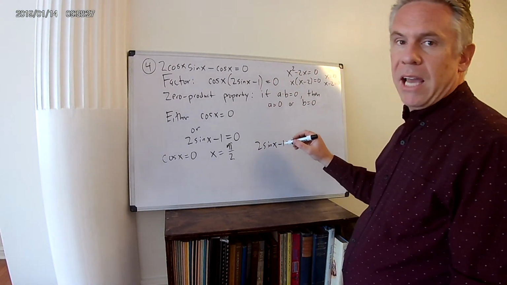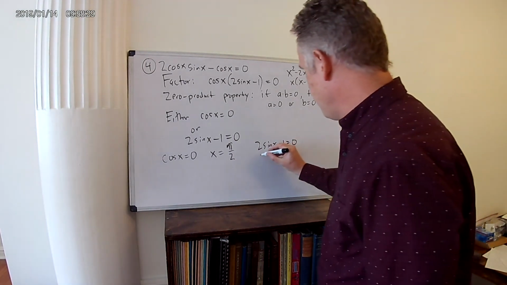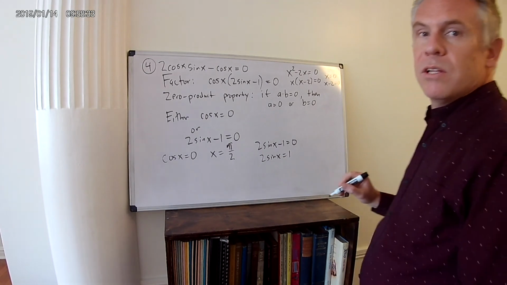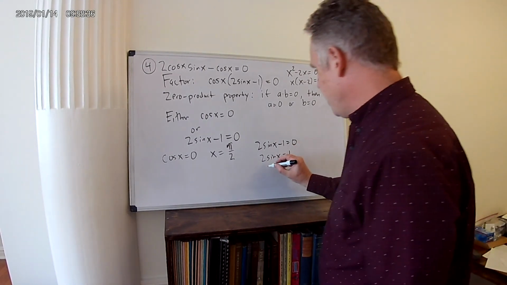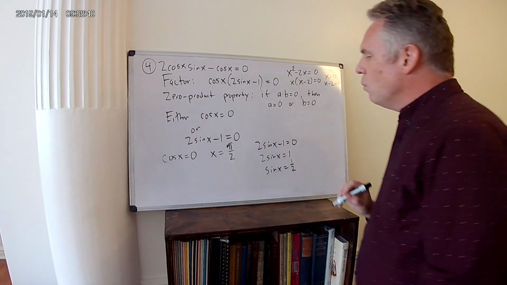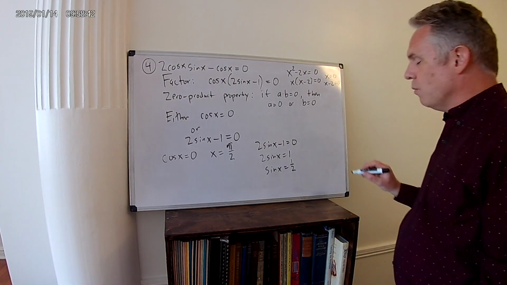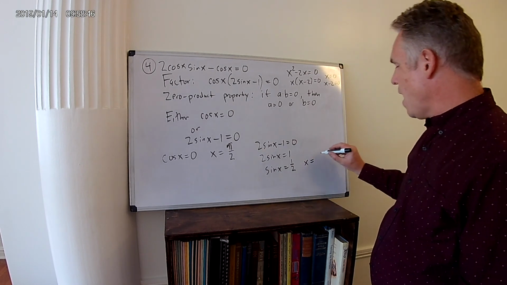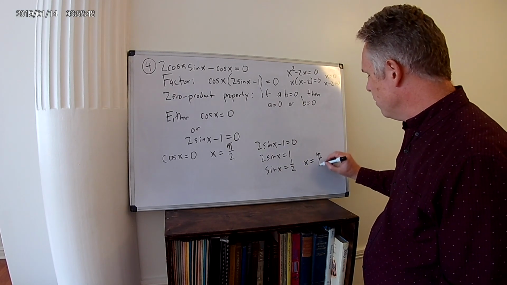I want to solve this for x. So I get 2 sine x equals 1. I move the 1 to the other side. Then I divide by 2, and sine of x equals 1/2. Where does sine of x equal 1/2? The principal root of that is pi over 6, or 30 degrees.